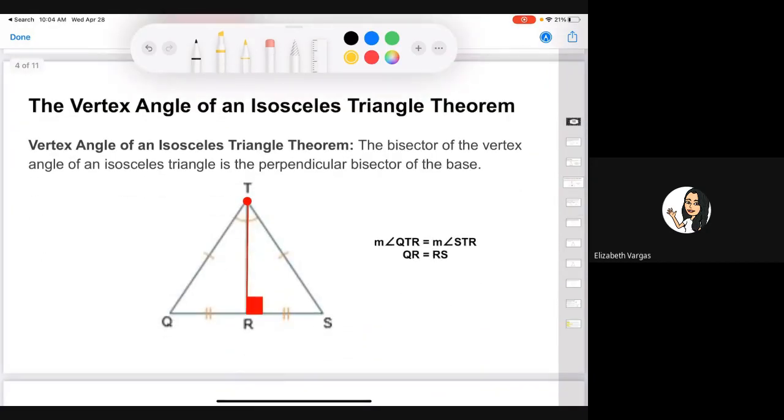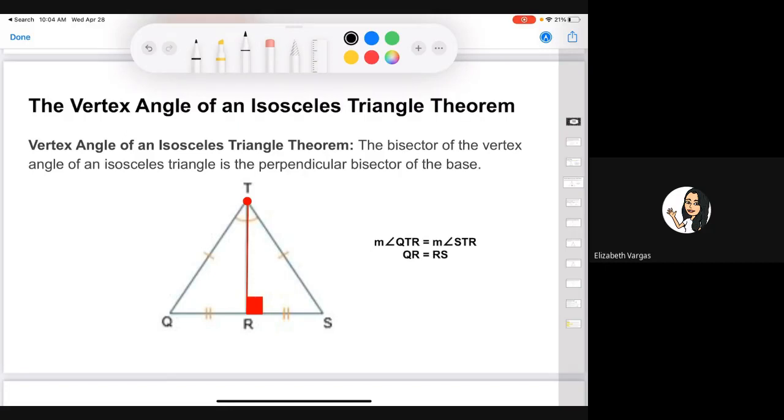Okay. We also have here what is known as the vertex angle in an isosceles triangle. The vertex angle in an isosceles triangle theorem states that the bisector of the vertex angle of an isosceles triangle is the perpendicular bisector of the base. So a vertex angle bisector basically cuts the vertex angle into two congruent halves.